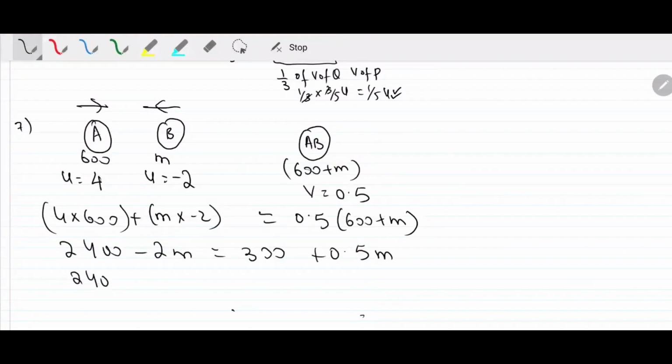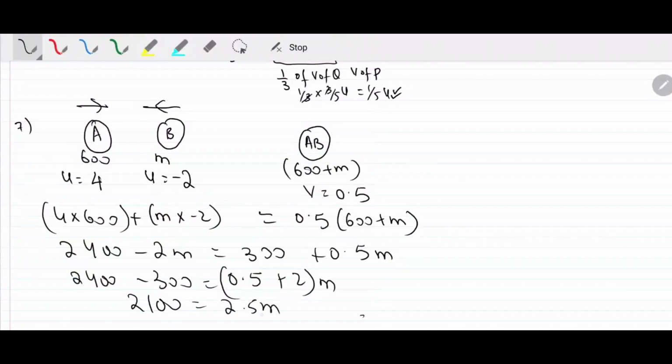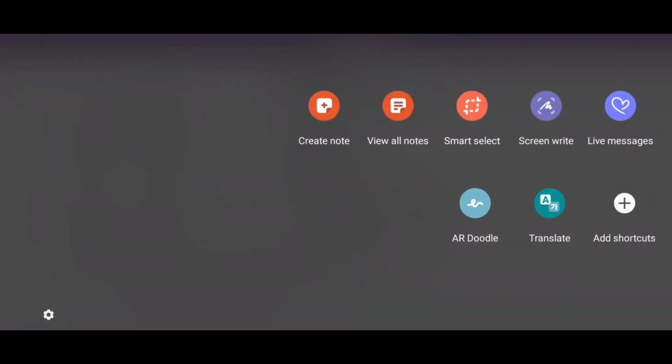So 2400 minus 300, it's 0.5m plus 2m. 2100 is 2.5m. So the value of m is 2100 divided by 2.5, that is 840 kg.